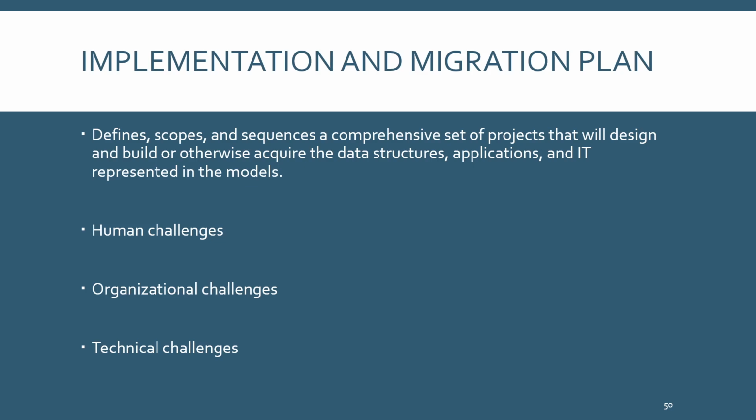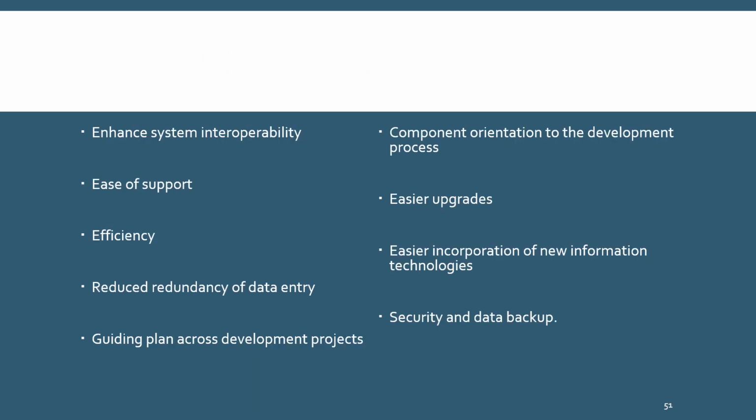As I mentioned, usually the technical ones are not the most difficult. The more difficult ones are the organizational. That's why you need the leadership buy-in, and the humans, because we all want to be in the spotlight. That's something that we need to overcome. And change management is really important when we are doing any implementation projects.